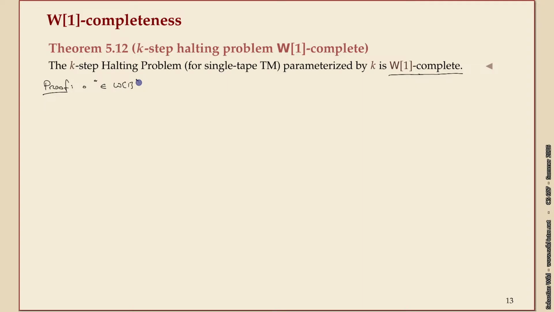So we have to show that the problem of computing these k steps can be done with such an NRAM. The input to the problem is a Turing machine M, an input X, and the parameter K, or the steps K. And we'll basically use an NRAM A that simulates that machine.